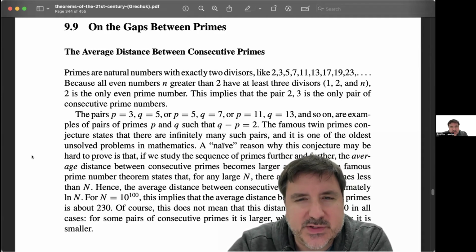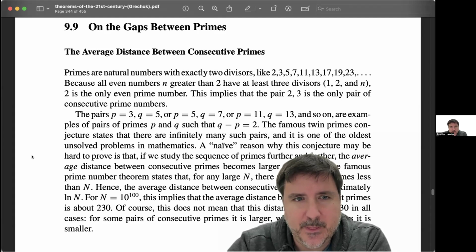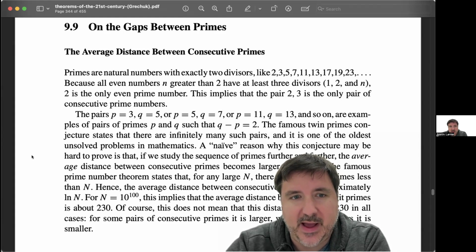Okay, so what do we got so far? We have some examples of consecutive primes, some examples of twin primes, and we have a conjecture that there are infinitely many of those pairs, but we should be sort of surprised by this because in general, primes spread out.